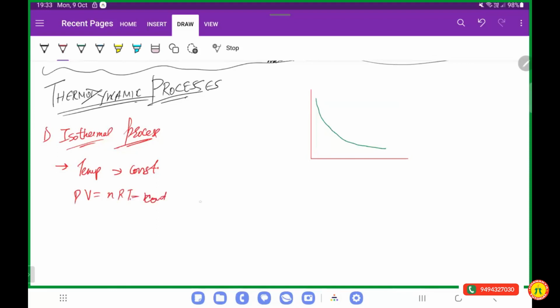So dU equals 0. So dQ equals dW, which equals PdV. That's what we wrote before also.